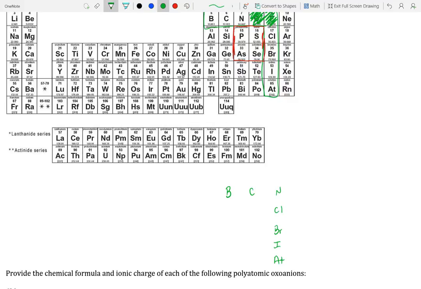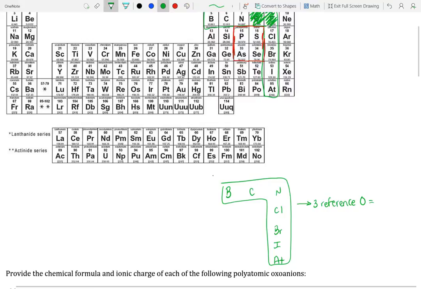So what is so special about these 7 elements right here? Well, that's a good question. When we're talking about these 7 elements, we're always going to refer to the 3 reference oxygens. And when you name these, you're going to replace the suffix with -ate.